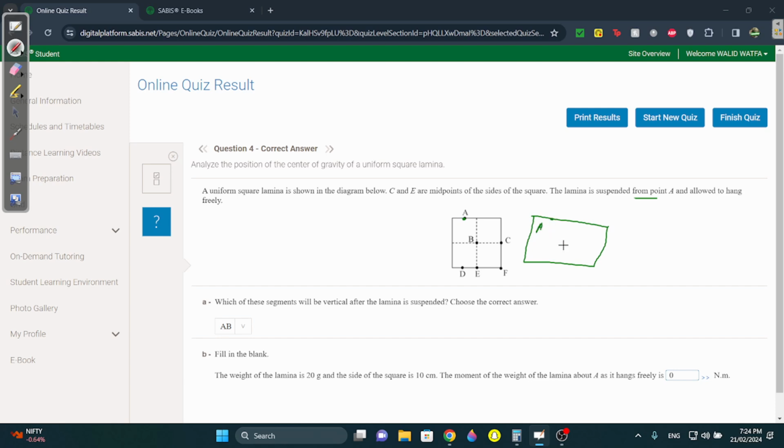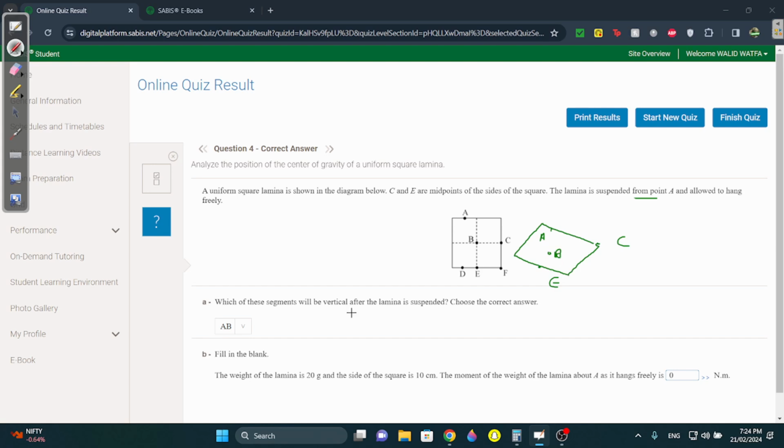A will be like this, B will be over here. Actually, it should be more like this. A is over here, B is over here, C is over here, and E is over here.